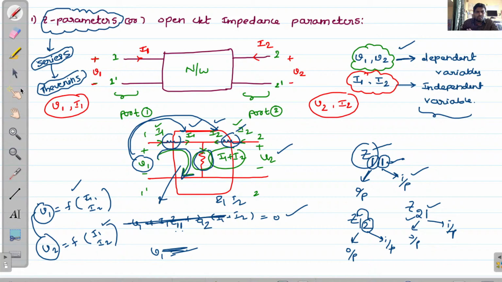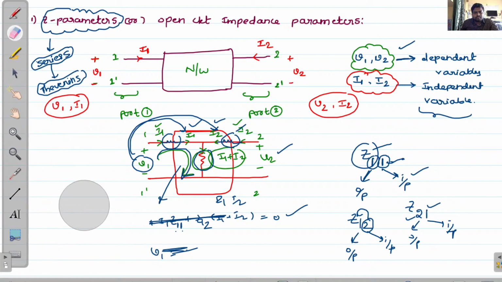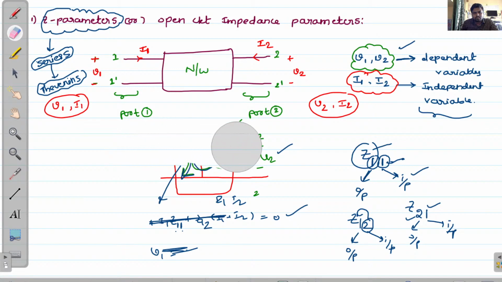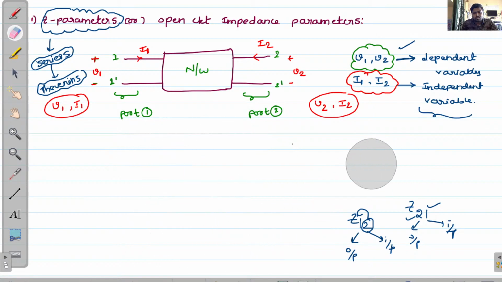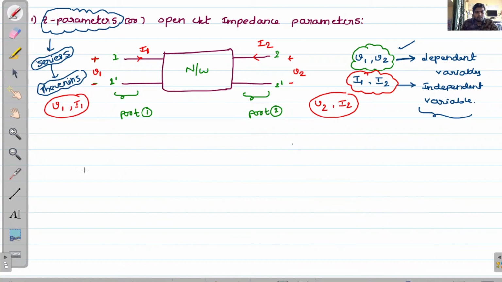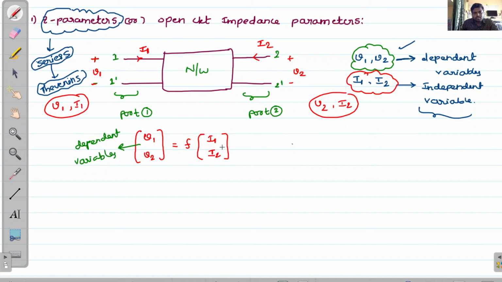So here I am writing V1, V2 is a function of I1, I2. That's why these are dependent variables, and these are independent variables.